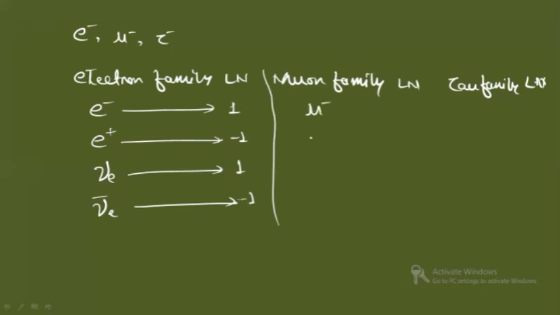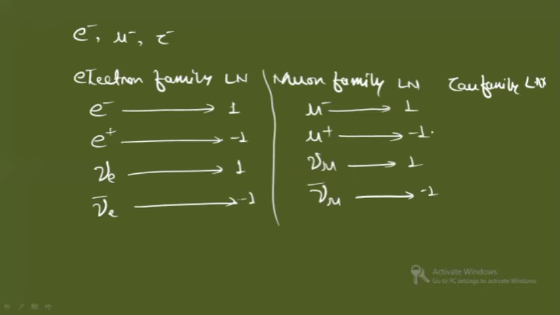Now the muon family. You have mu negative, and its antiparticle mu plus. Similarly, you have its neutrino and antineutrino. The particle and its neutrino are leptons, so they have lepton number +1, and the antiparticles have lepton number -1. Similar things you see for the tau family: tau minus, its antiparticle, the neutrino and its antineutrino.